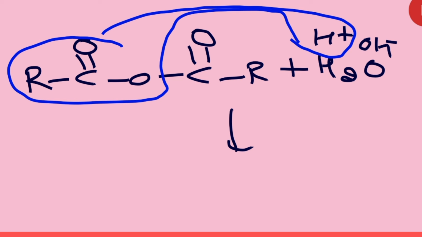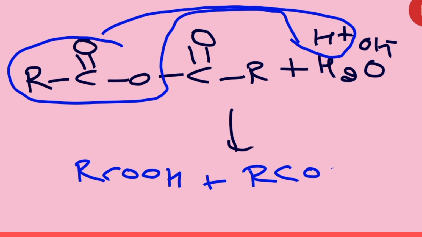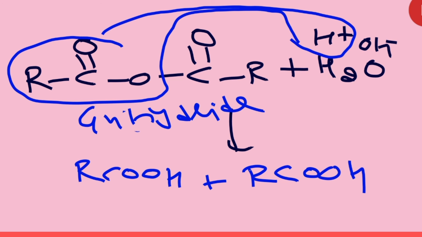RCOOH, clear? Same way RCOOH. 2 moles of carboxylic acid we have made. So this is by the simple hydrolysis of anhydride. Okay.